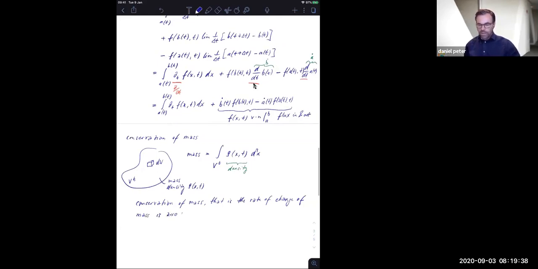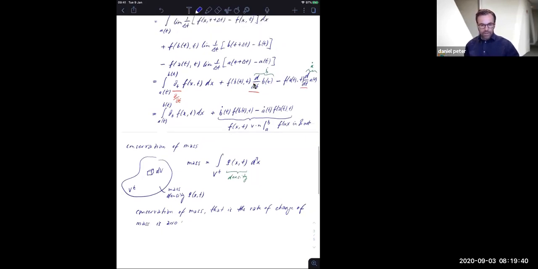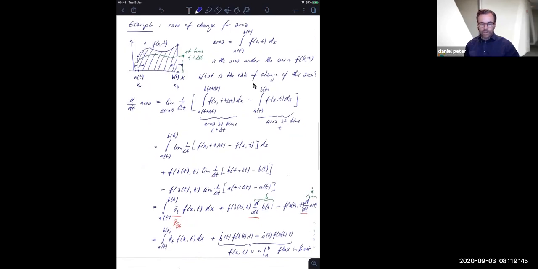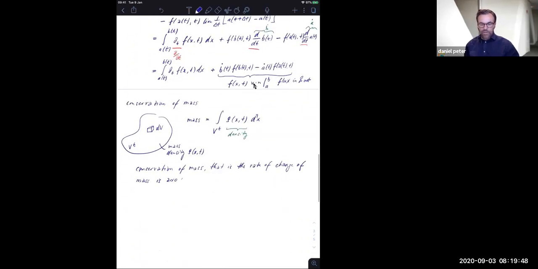How can we put that into an equation? Well, if you look here on top, we looked at the rate of change of that curve, of the area. That's exactly what we have here, basically. So the rate of change would be d over dt of mass, which is d over dt of our volume integral of the density rho of x and t dx.